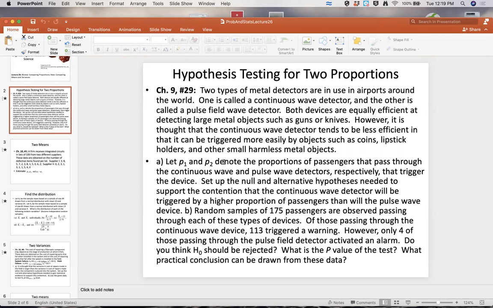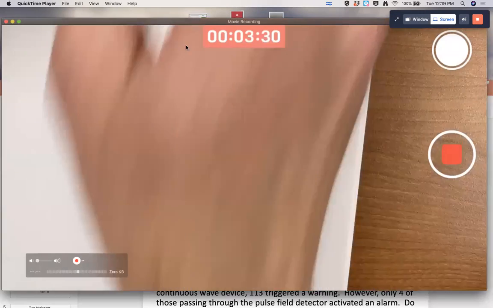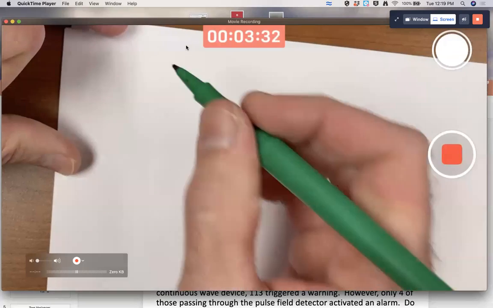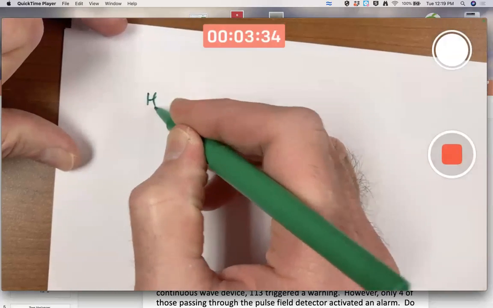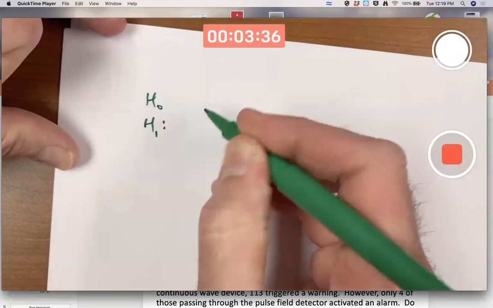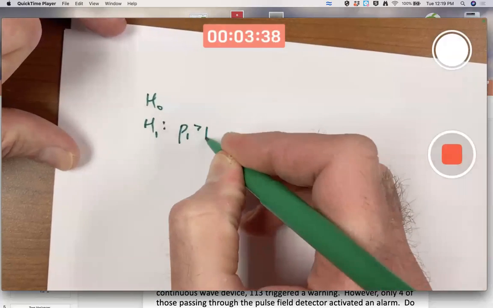We think that might be the case. And so that's going to be P1 bigger than P2 as your alternative hypothesis. Let's go ahead and write that down. Alternative hypothesis is going to be that P1 is bigger than P2.